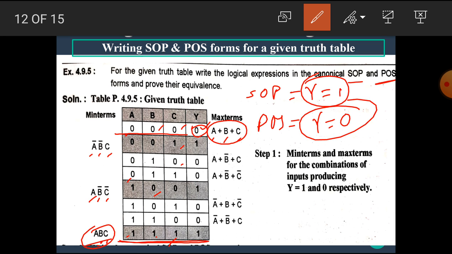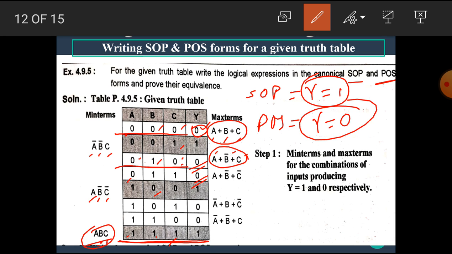Hence we get the max term as a plus b plus c. Next, here we have y equal to 0, hence we can write the max term for this combination. Here a equal to 0, hence we write here a, b equal to 1, hence we write b bar, c equal to 0, hence we write c. We get the max term as a plus b bar plus c.